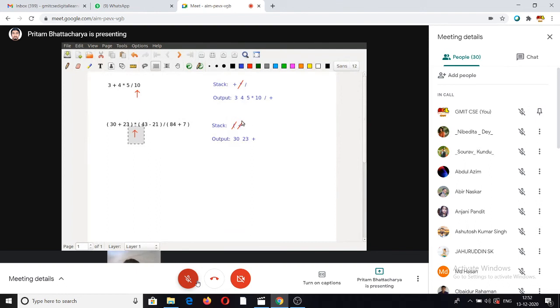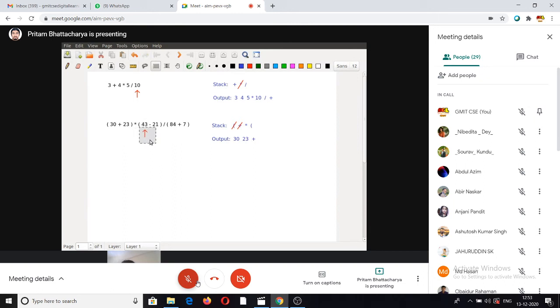So first the star and then the opening parenthesis go into the stack.